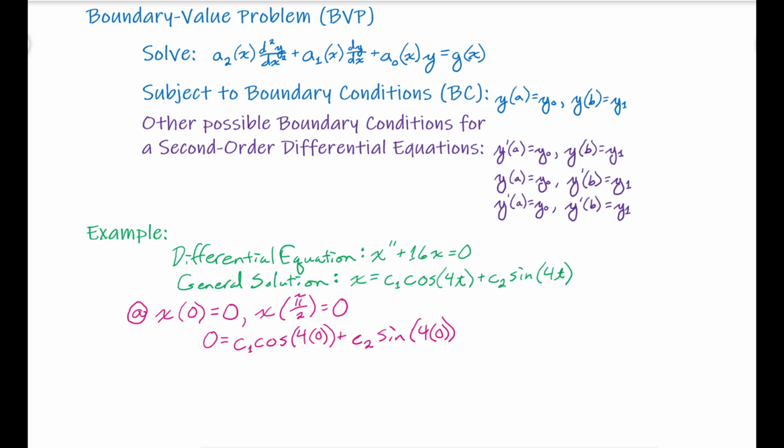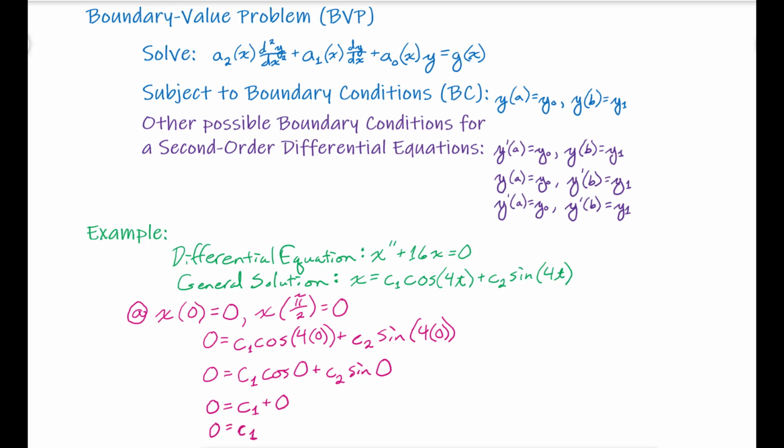So multiplying 4 times 0 is obviously 0, which leaves me with 0 equals c1 cosine of 0 plus c2 sine of 0. Sine of 0 is 0, and cosine of 0 is 1, which leaves me with 0 equals c1 plus 0, or just 0 equals c1.